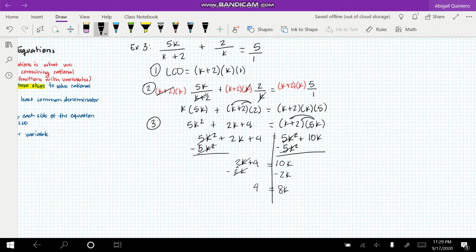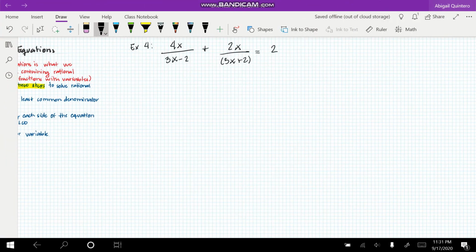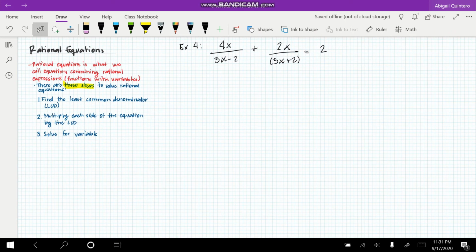Now, I want k isolated because I basically want to solve for that variable, so I'm going to divide by 8. So then 4 divided by 8 is 1/2, which equals k. And there we found the solution.